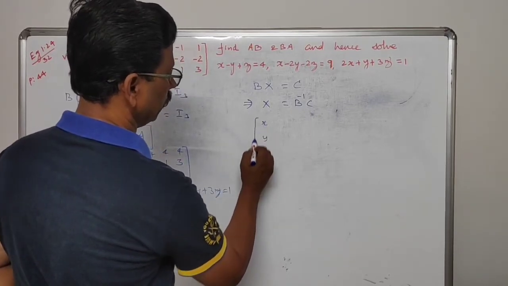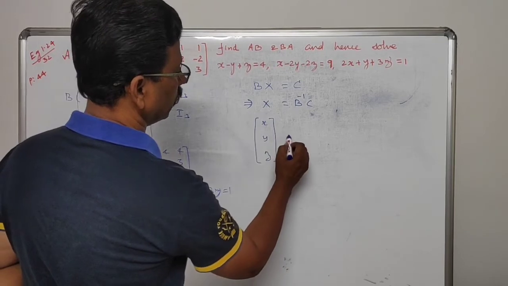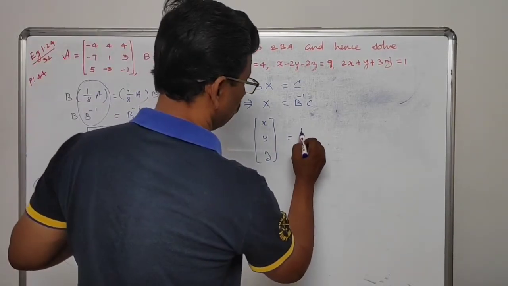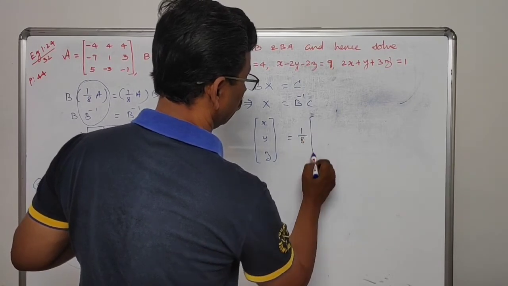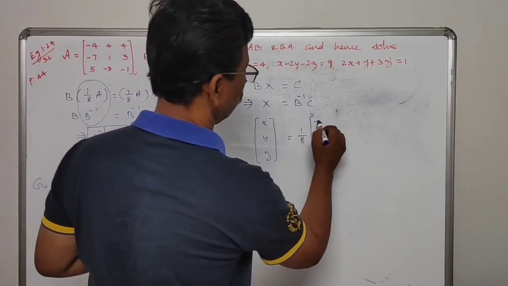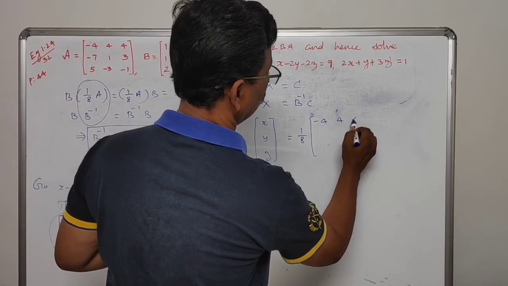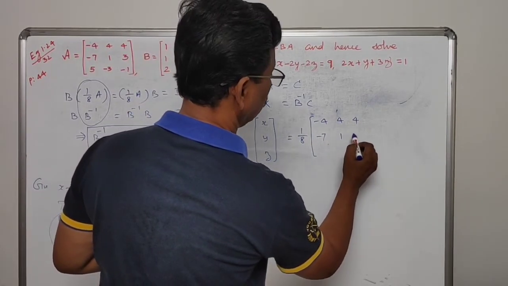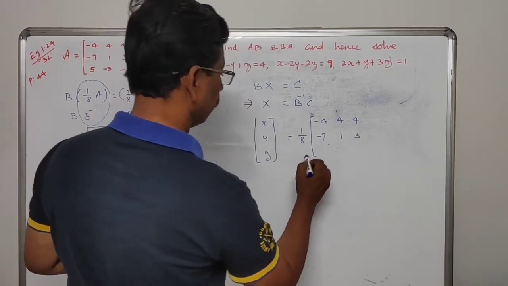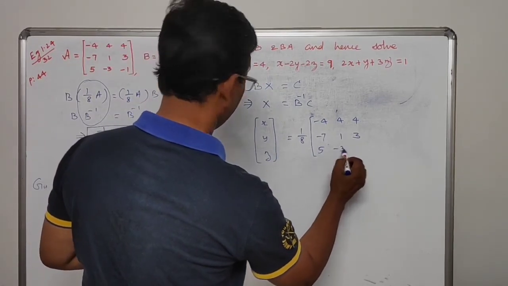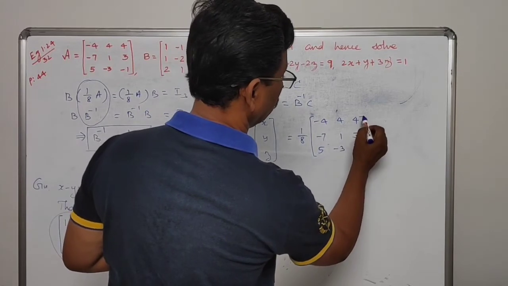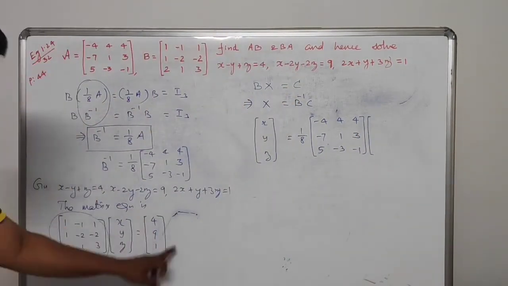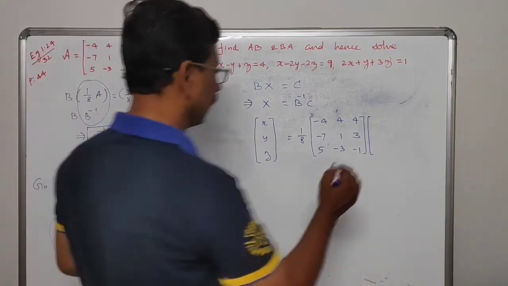This X matrix is equal to B inverse, which is here 1 by 8 into the A matrix, minus 4, 4, 4, then minus 7, 1, 3, then 5, minus 3, minus 1, into the C matrix, which is the constant, that is 4, 9, 1.